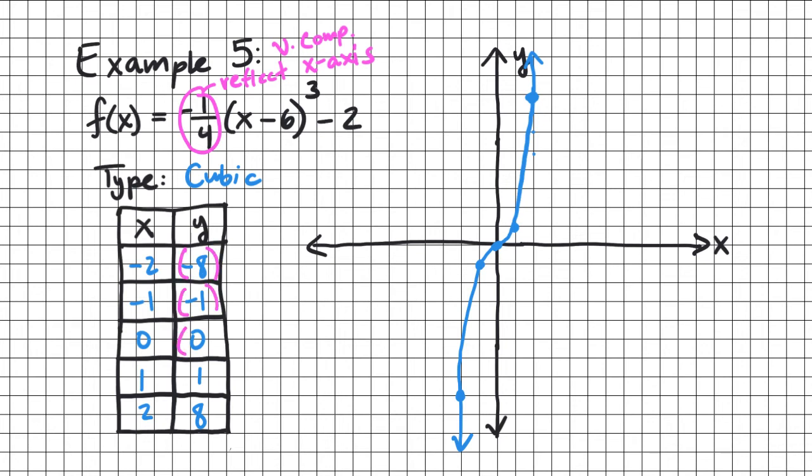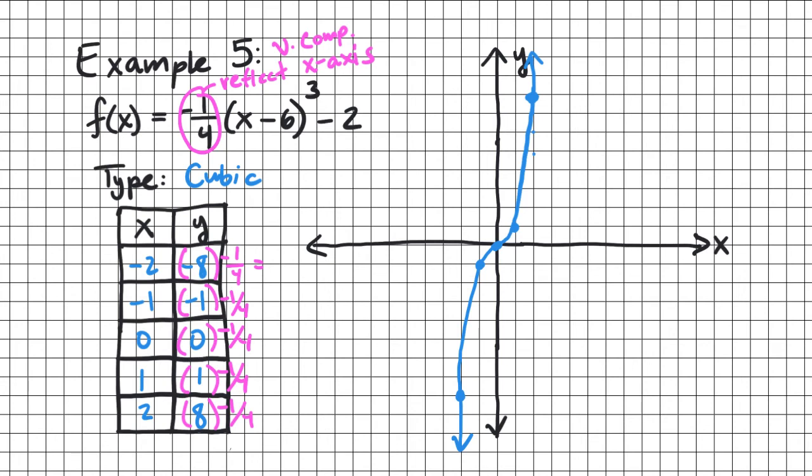So I'm going to combine those two, and I'm going to combine them by multiplying all the y values times negative 1/4. Negative 8 times negative 1/4. What's 8 divided by 4?